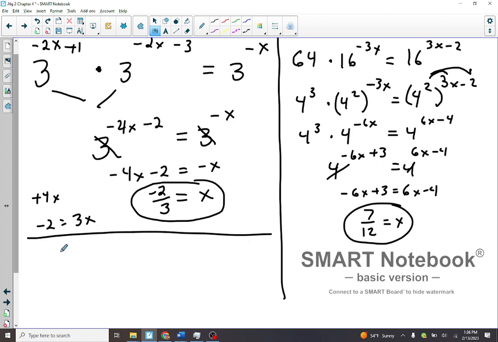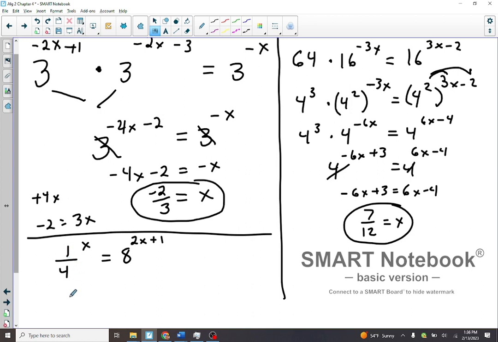Just a reminder, if you're left with something like this, let's say 1 over 4 to the x equals, let's do 8 to the 2x plus 1. If you're left with a fraction, you have to use a negative exponent to normalize the base.